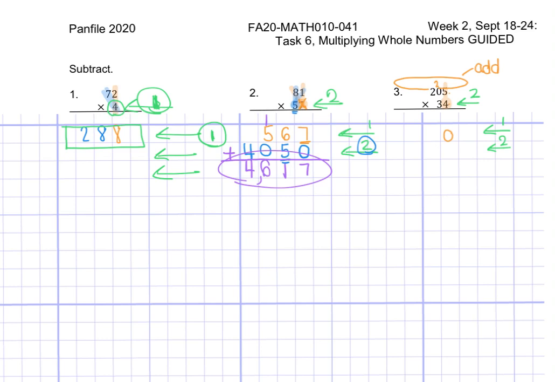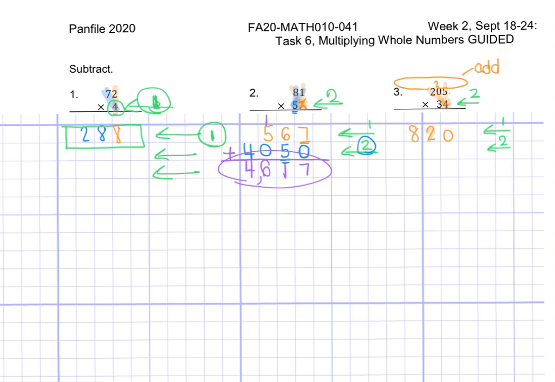So here, we multiply 4 times 0, which is 0, but then we add the 2 to get 2. We multiply 4 times 2, and we get 8.